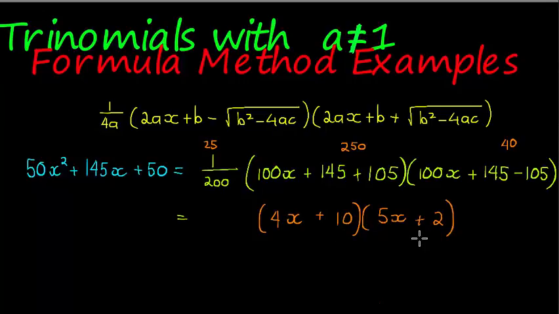And then finally, we have taken out a 20 here, so in total, we've taken out 25 times 20. So 25 times 20 is 500. So we're left here with 500 over 200, or 5 over 2.